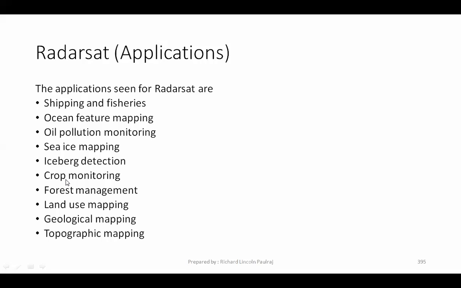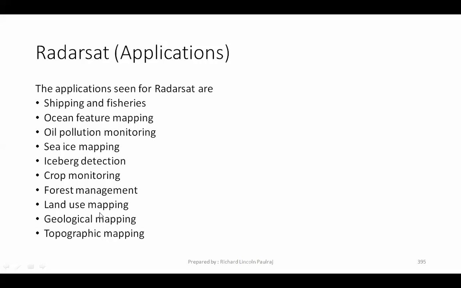Then crop monitoring. It can help in giving you weather updates and how the crop is growing. So images can be taken and analyzed. You have a lot of algorithms which look at these images and give you proper information. Then you have forest management, which we have discussed.